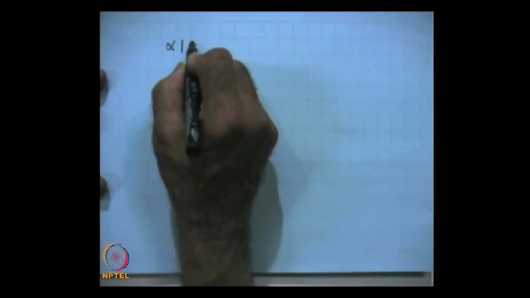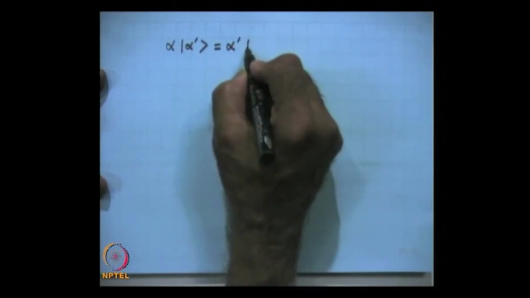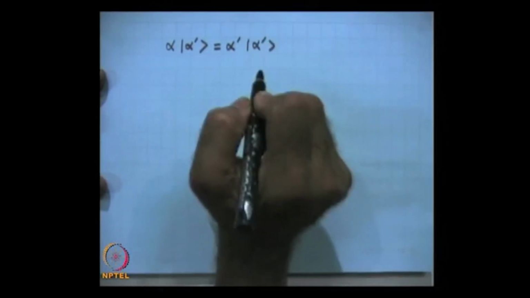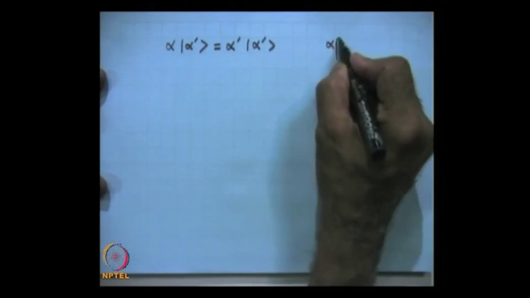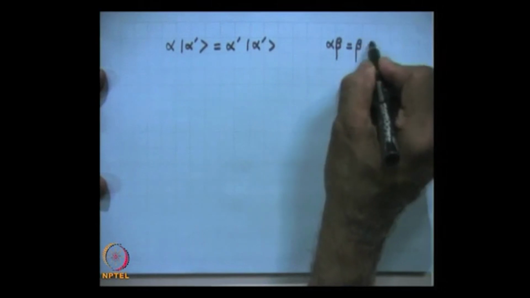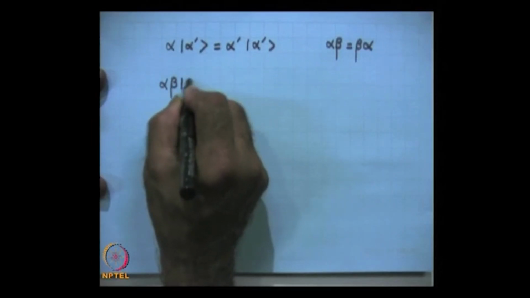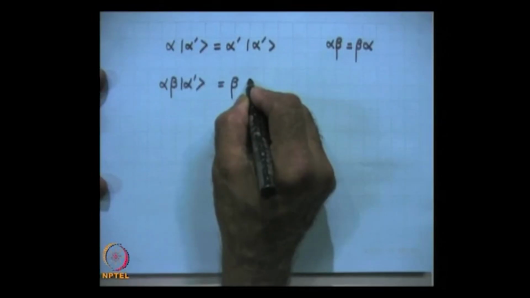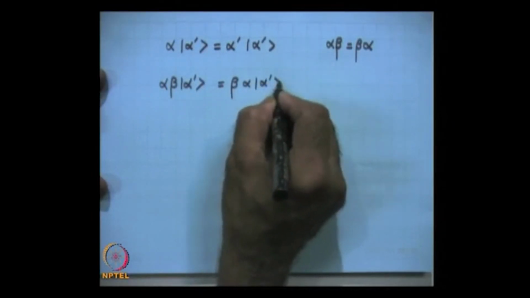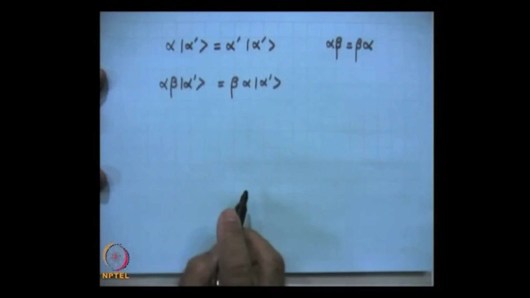has a non-degenerate eigenvalue, and let that eigenvalue be denoted by alpha prime. Then if the two operators alpha and beta commute with each other, we wrote down that alpha beta ket alpha prime is equal to beta alpha ket alpha prime, but ket alpha prime is an eigenket of the operator alpha.